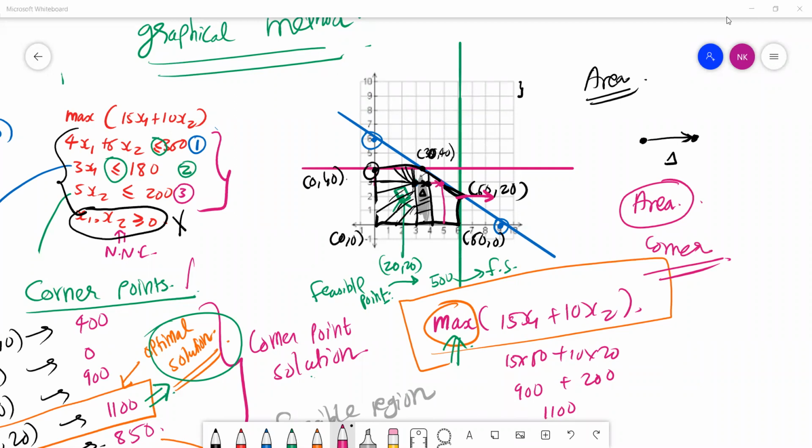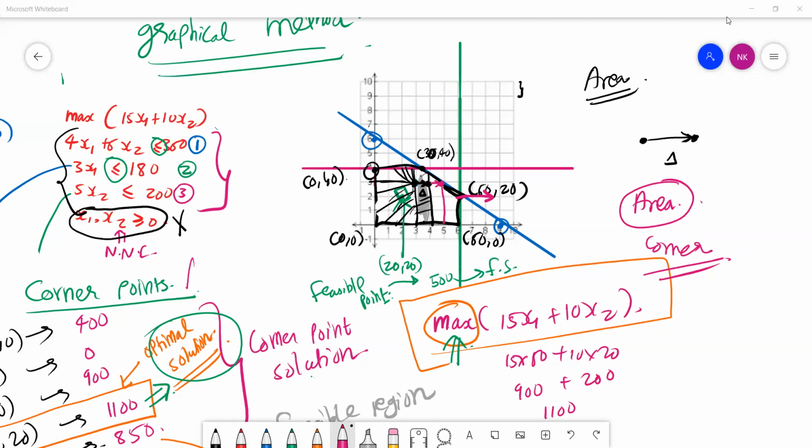So that is the answer for this question: if you have a point which is not a corner point, then by moving delta amount on either side you get a higher area coverage, which gives you a more optimal solution.